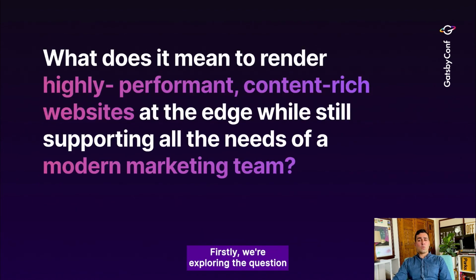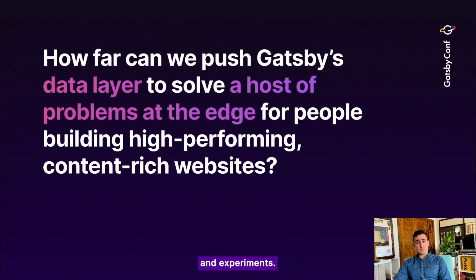Firstly, we're exploring the question of what does it mean to render highly performant, content-rich websites at the edge while still supporting all the needs of a modern marketing team? Performance marketing does entail a performant website, but it also includes having complex and rich data sets about your users for better personalized content and experiments.